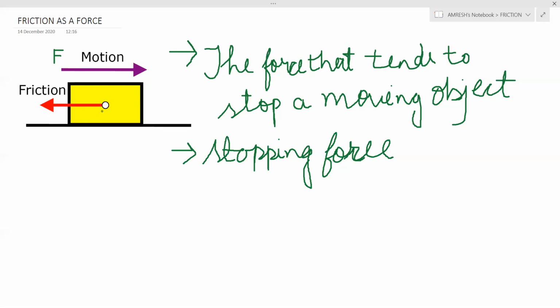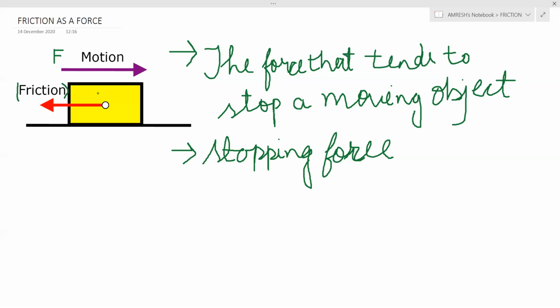One force in the opposite direction, that is friction, acts on the body that tends to stop it. The force that tends to stop a moving body, that is friction, always acts opposite to the direction of the motion.